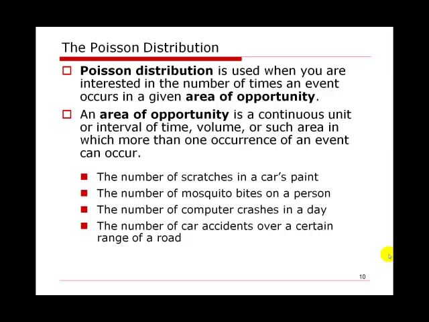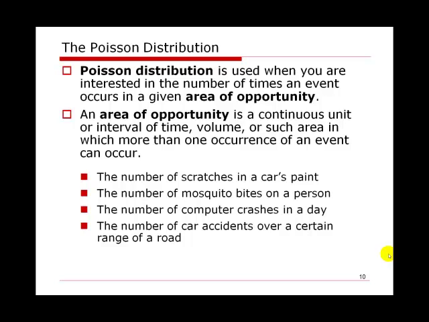Now we see the difference between the binomial distribution and the Poisson distribution. In the binomial distribution, the number of events of interest is within a certain number of observations or a certain number of samples, and the output from each sample can be classified into event of interest and not event of interest.